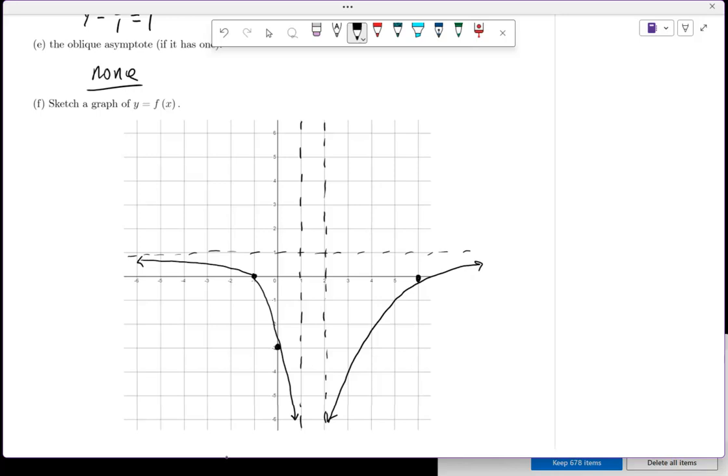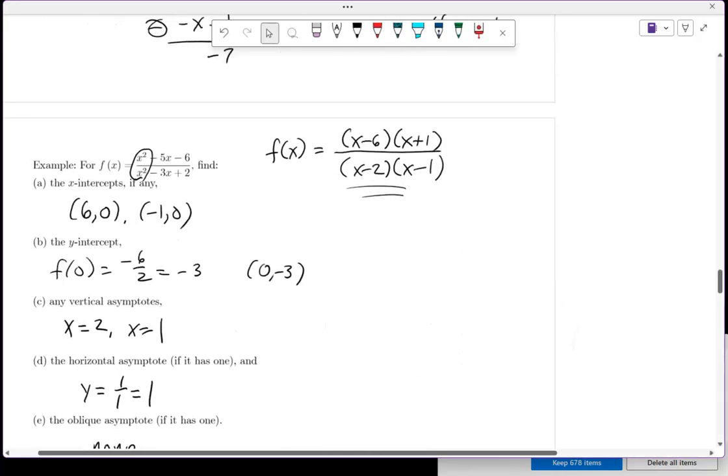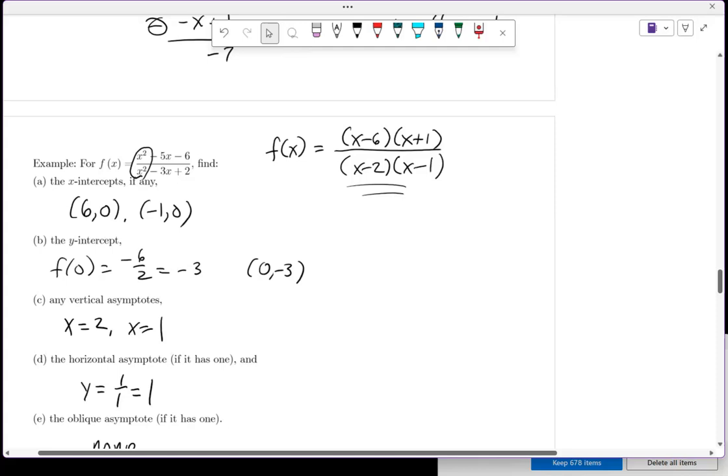Pick something in between 1 and 2. 1.5? Okay, let's go back up to this function, and this is going to help us in the next section, by the way. If I put 1.5 into my factored form, I don't care about what the value is. All I care about is if it is positive or negative.